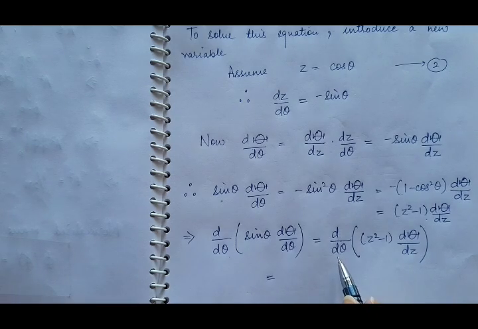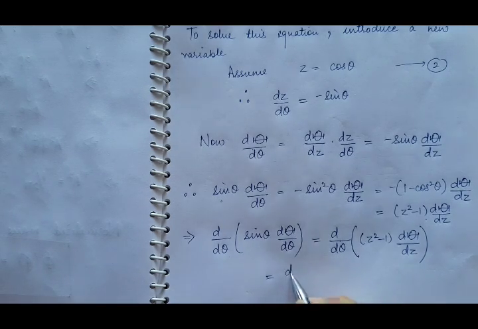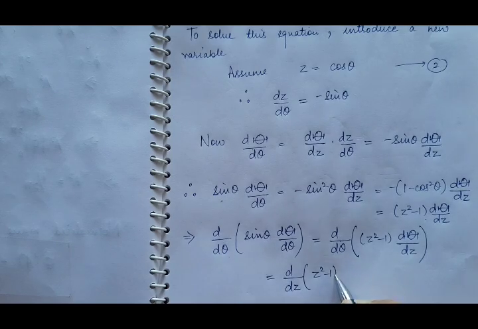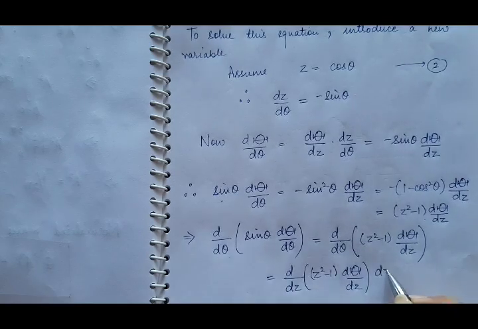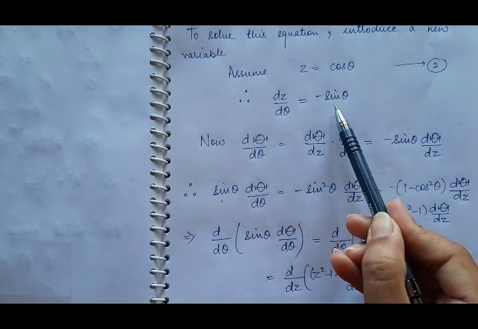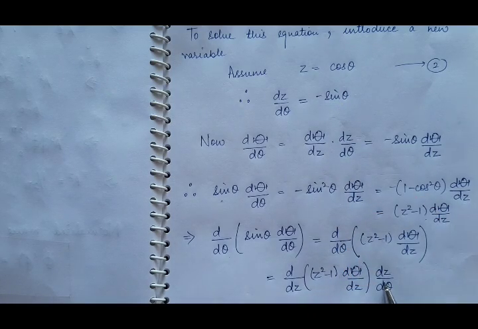Here again multiply and divide by dz. So here we will have d by dz of z square minus 1 into d theta by dz, into dz by d theta. And again this dz by d theta is minus sin theta, so put this value here.